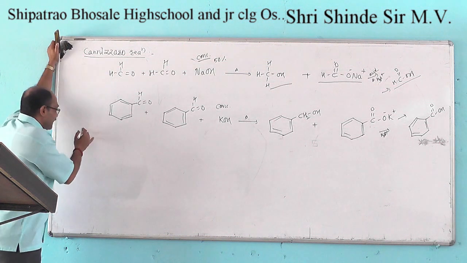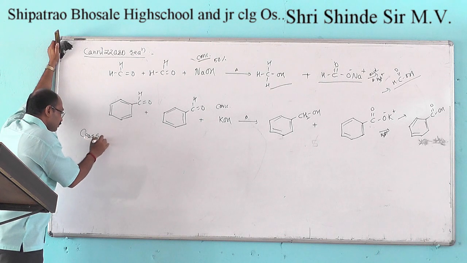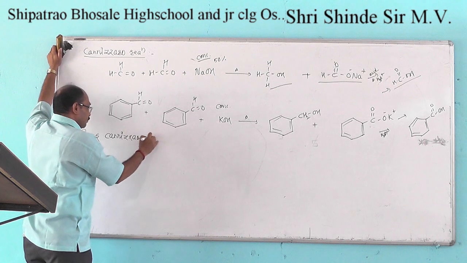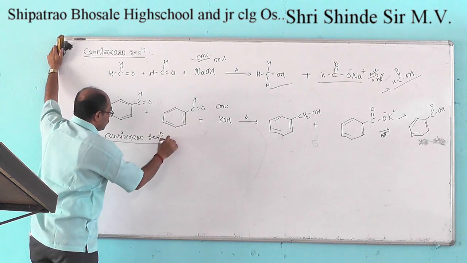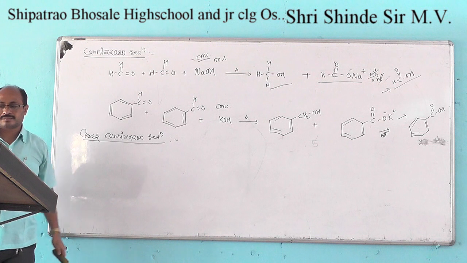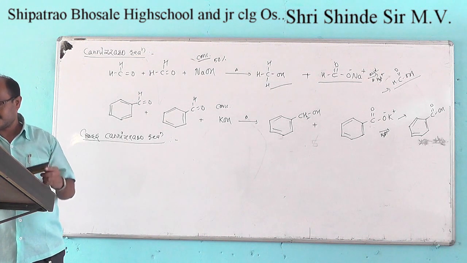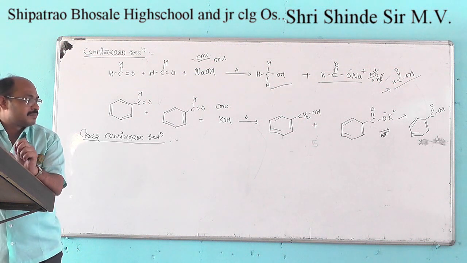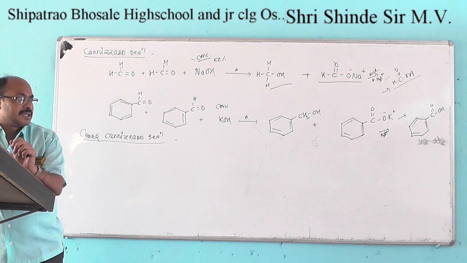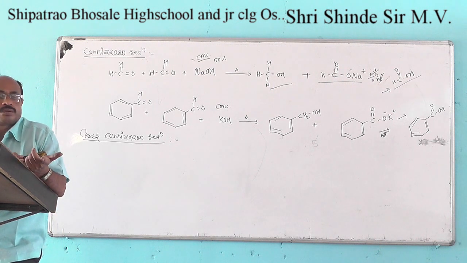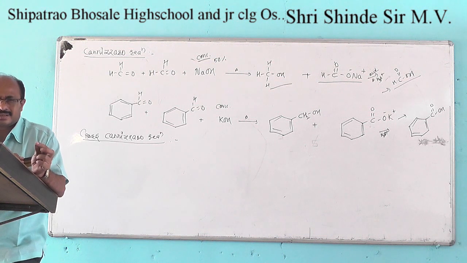The next is the cross Cannizzaro reaction. Two different aldehydes which do not have alpha hydrogen atoms can also be heated to undergo the disproportionation reaction, which gives us the formation of four products.